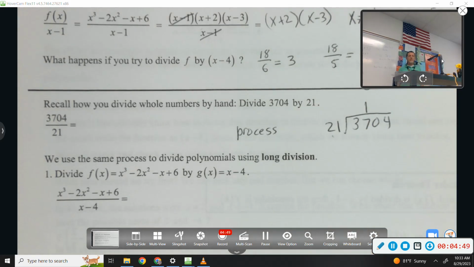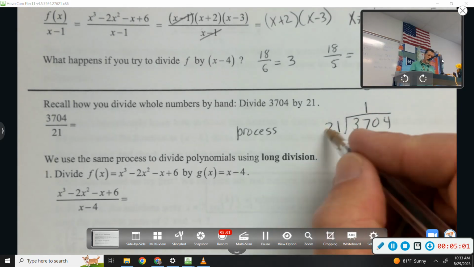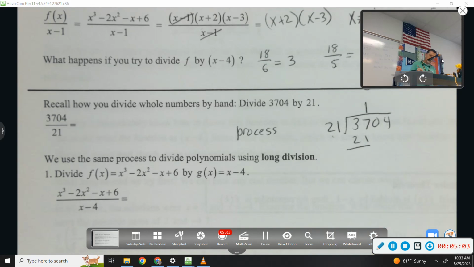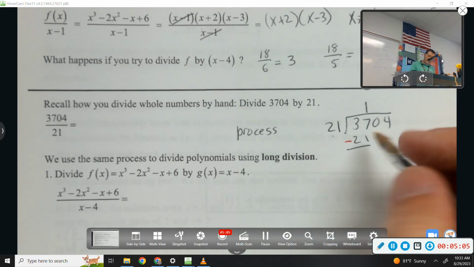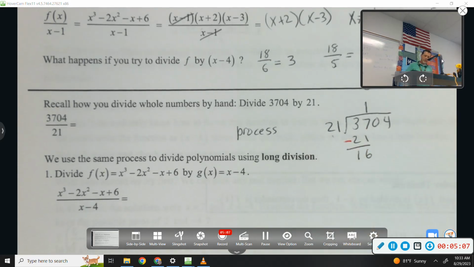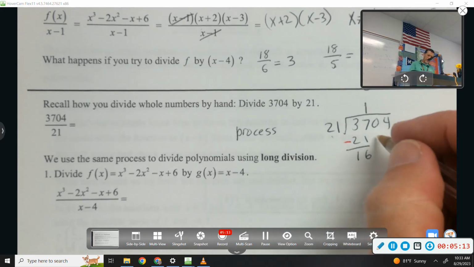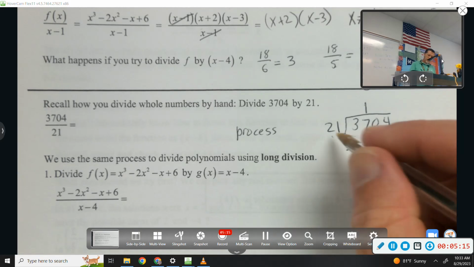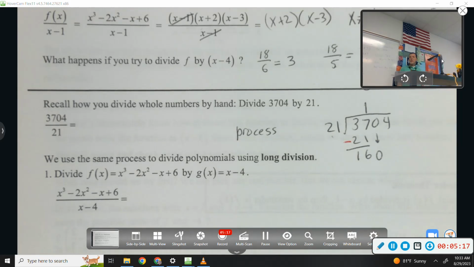What do we do next? Yes, but where did the 21 come from? 1 times 21 is 21, and then we'll subtract the 21. And that gets us 16. What next? Bring down the 0. And then just keep that process going.